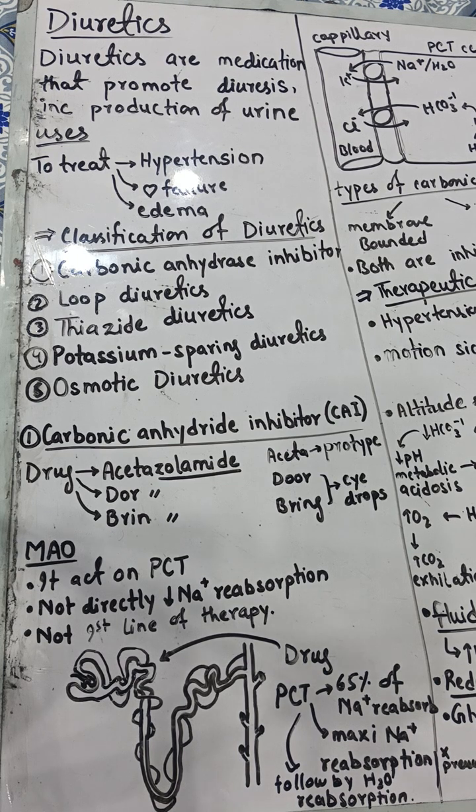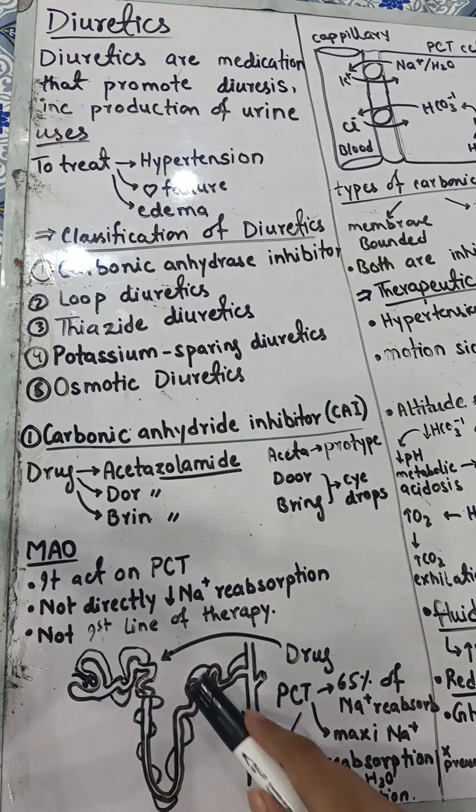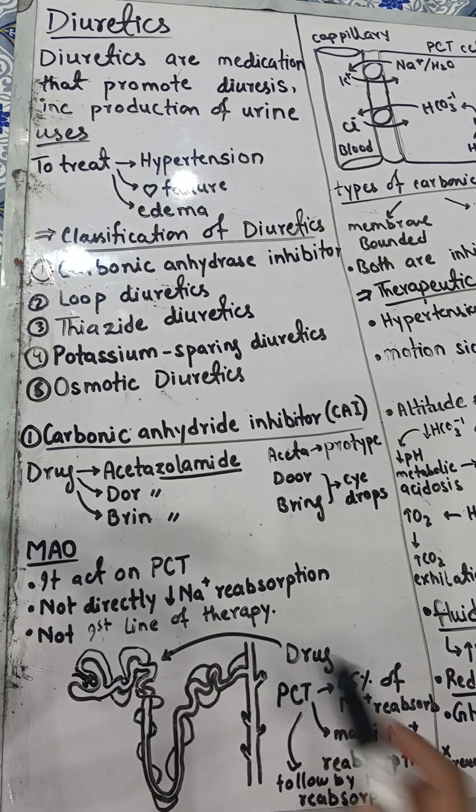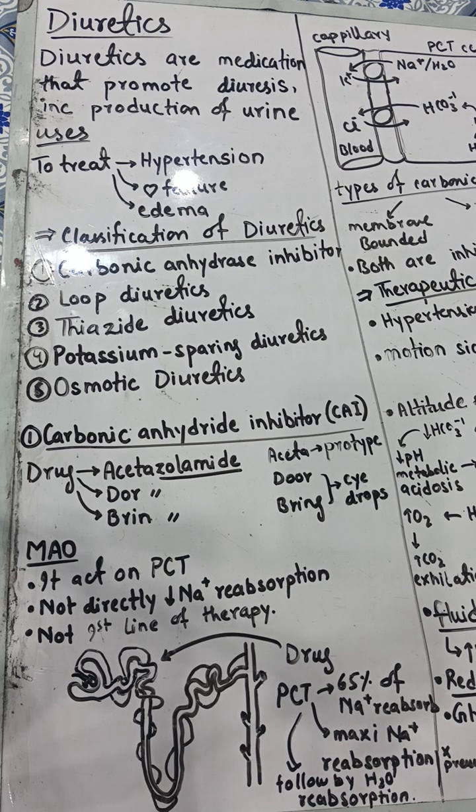But the total sodium reabsorption percentage is 100%. 65 plus 25 plus 5 plus 5, it will add up to 100. So the maximum sodium reabsorption is occurring in that part, followed by water reabsorption.